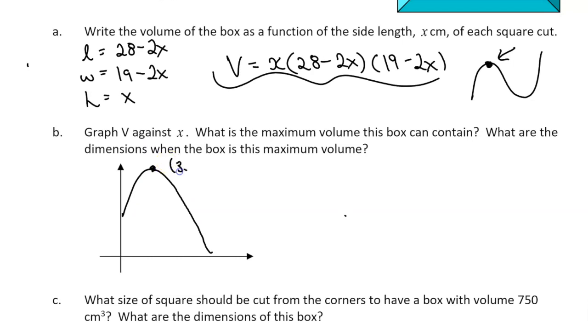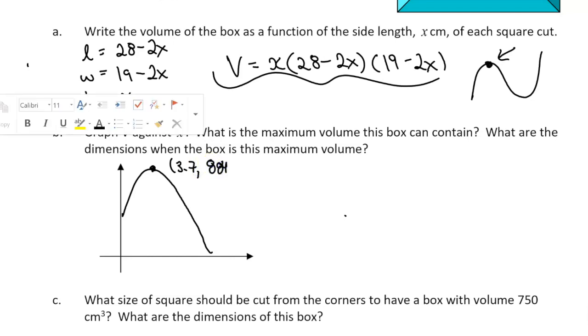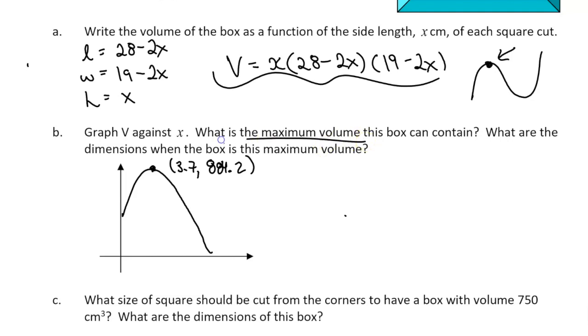It doesn't say what to round it to, so we said 3.7, and then 884.2. And if they're asking for what is the maximum volume of the box, that's going to be 884.2 centimeters cubed.